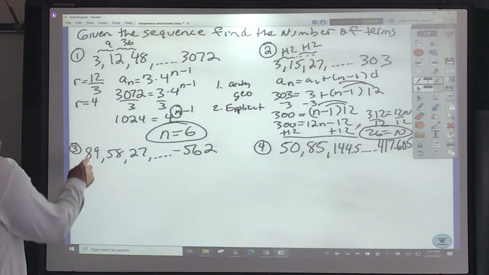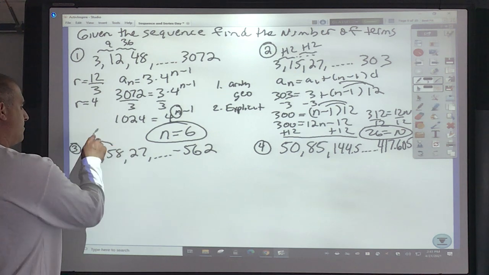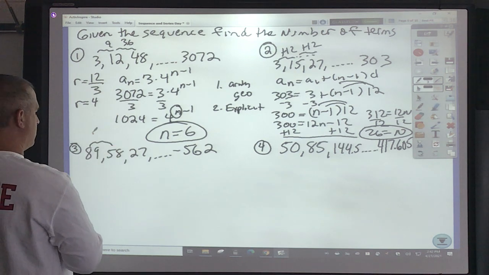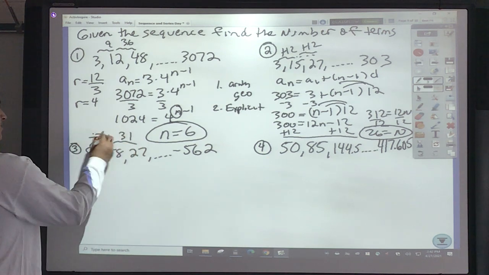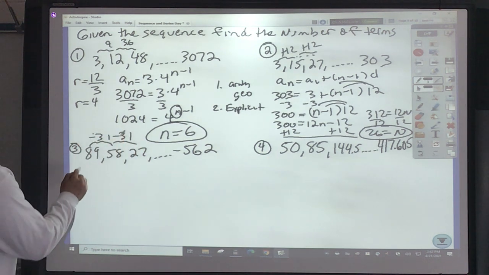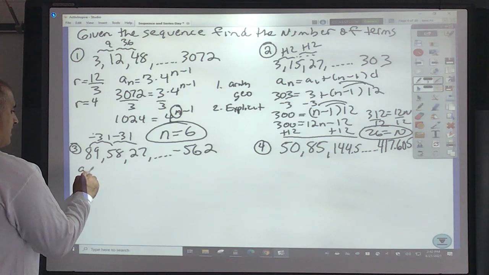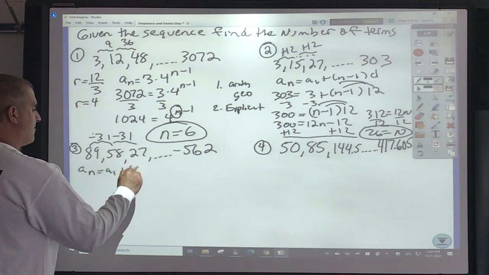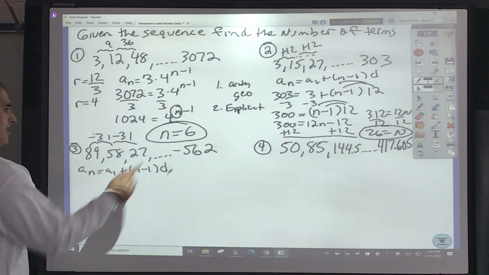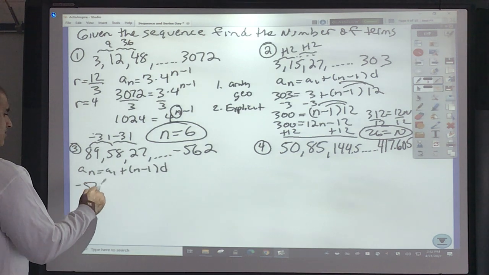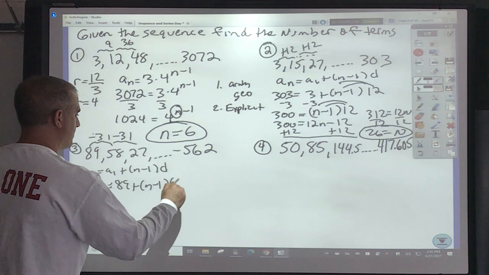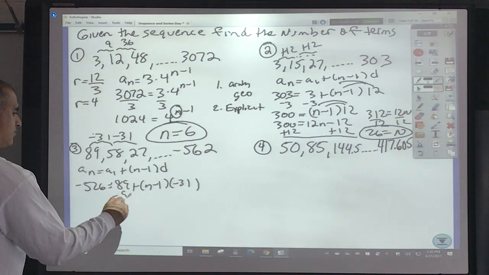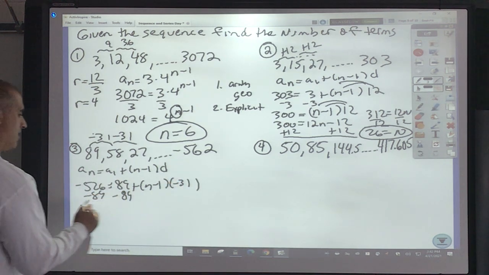All right, let's look at this one. Difference here would be 31, so minus 31. So I'm dealing with an arithmetic. So AN equals A1 plus N minus 1 times D. I know the last term. I know the first term. I know that this is negative 31. I'm going to subtract 89 from the get-go.